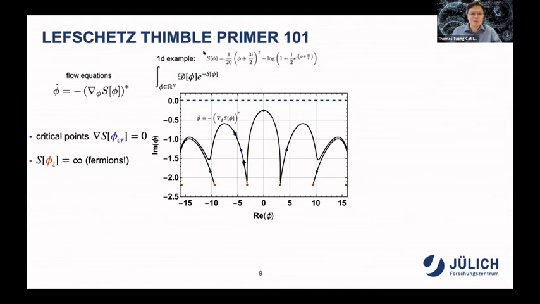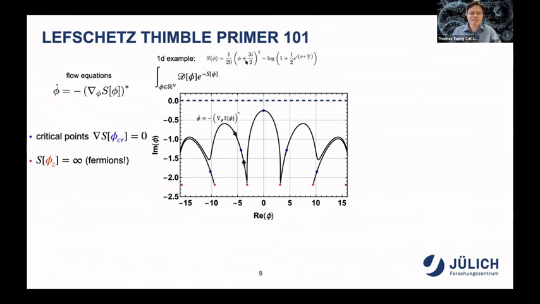The 1D example I want to consider is the following action here. This is just some action I made up. It has a gauge part, a quadratic part, and it has a logarithm as well. And I inserted this logarithm because I wanted it to mimic particular features that we find when we deal with fermions.